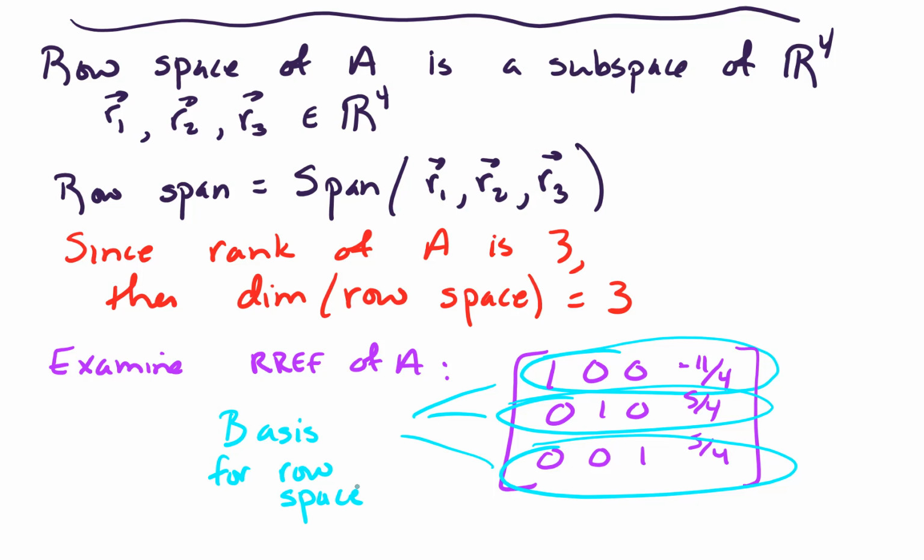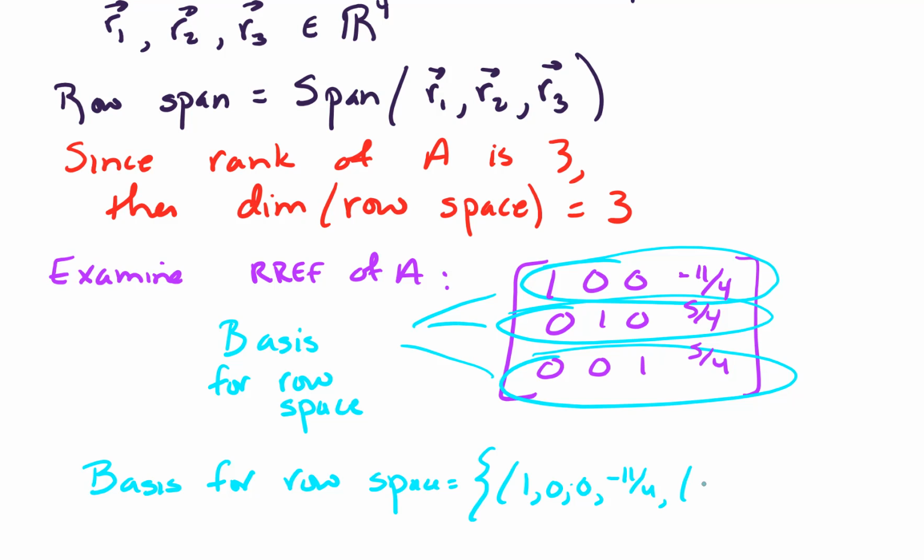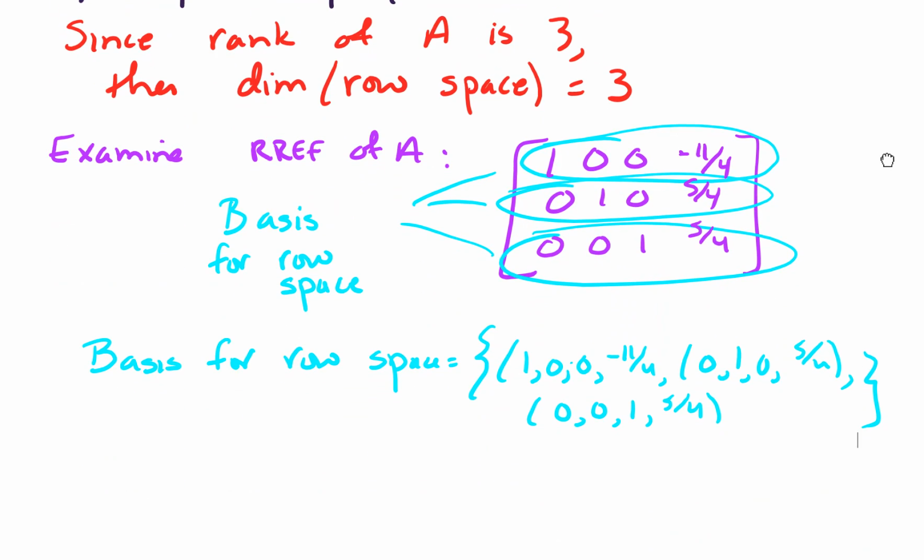So we've got various ways of expressing a basis for the row space. So one basis for the row space would be the set of vectors 1, 0, 0, negative 11 fourths, another vector 0, 1, 0, 5 fourths, and the last vector 0, 0, 1, 5 fourths. Those are 3 vectors that live in R4, and they do form a basis. You could go through and check linear independence and that they span.